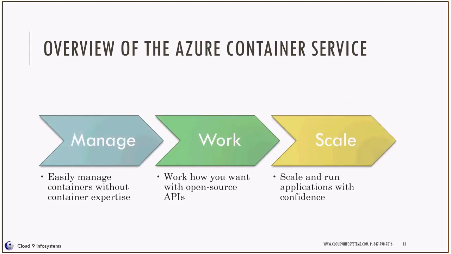Moving forth, we'll go through an overview of the Azure Container Service. Now, Azure Container Service is an easy to install, best practice, scalable approach for deploying your containers in the cloud service provider. Azure provides a template for users who have little to no knowledge of containers, and then it follows it up with the best practices in terms of security, scalability, and functionality.